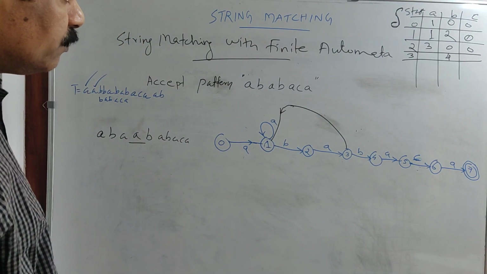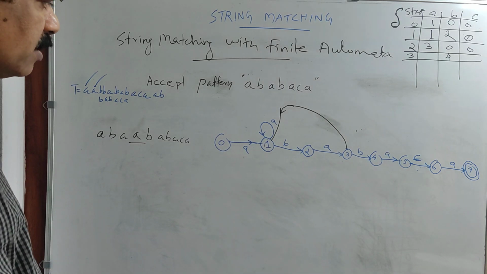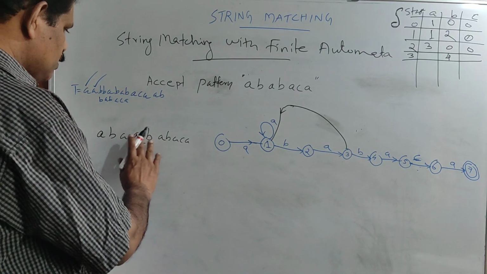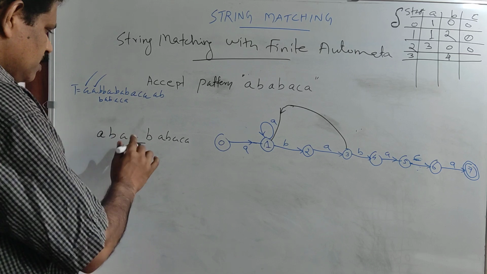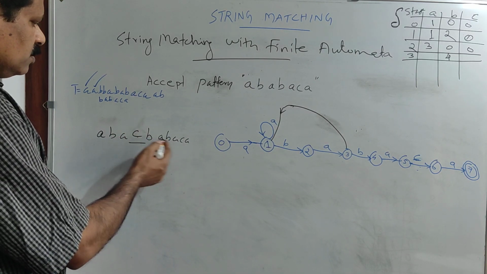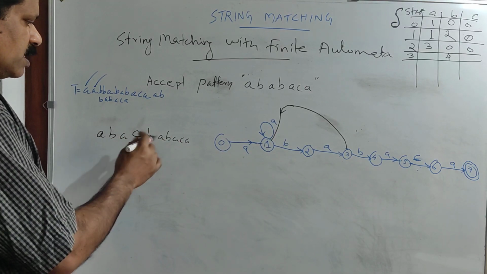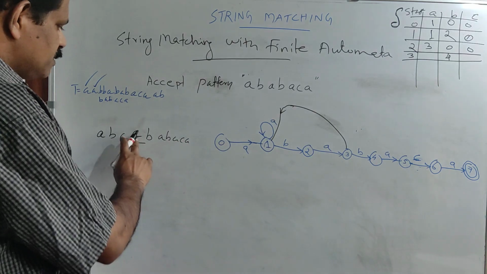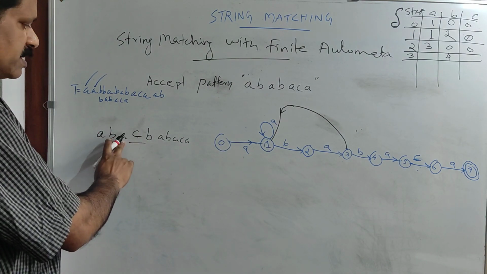Okay, so instead of a B, it got an A. Then what about C? Suppose instead of A, it got C. There is no chance of getting A B, A C, A with C, or clubbing it with the previous character.